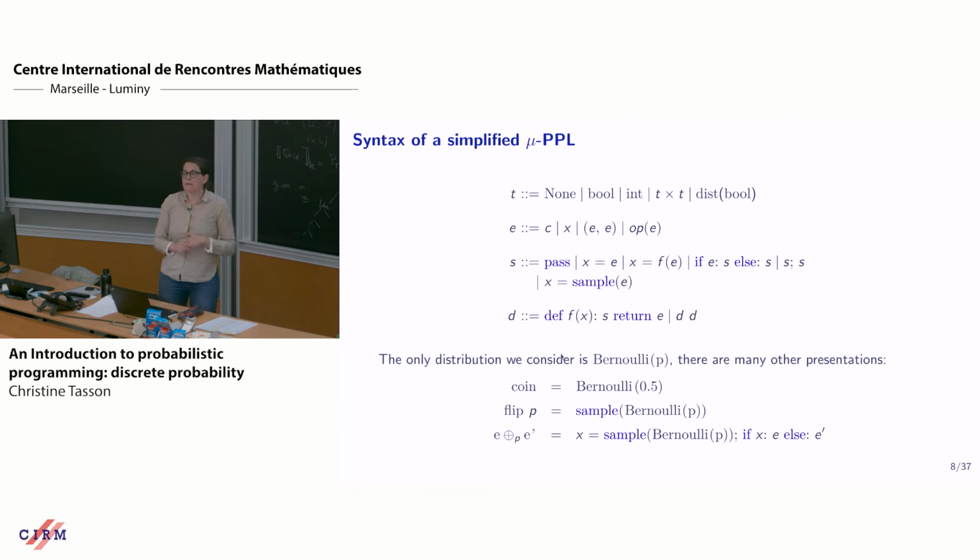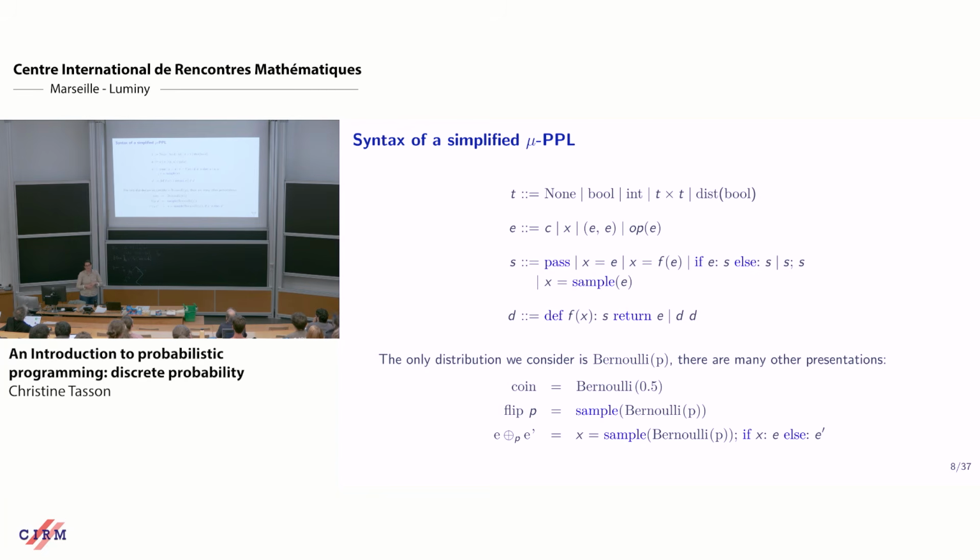Right. Here, the only distribution that we will consider are biased coins. Here I write Bernoulli of p, but you will see as many notations as you want. A coin is usually a fair Bernoulli of 0.5. Flip p means that you will toss a coin which is biased with bias p.